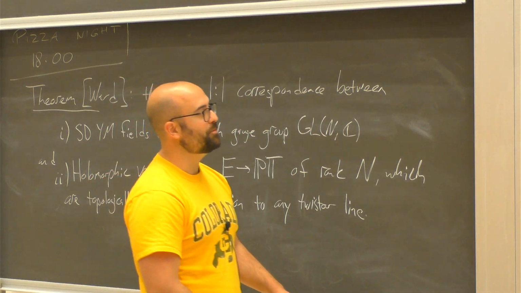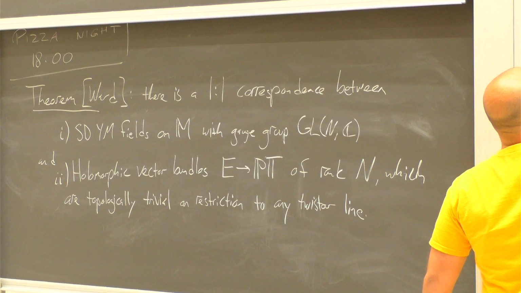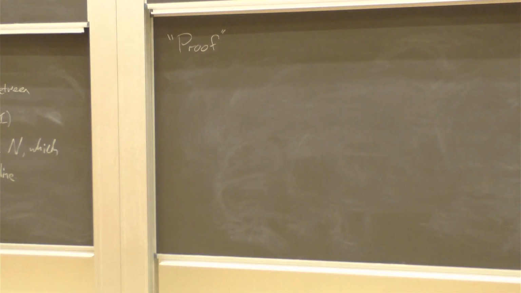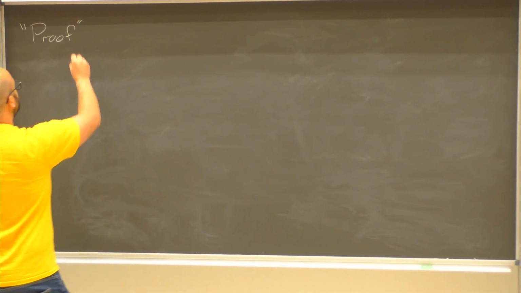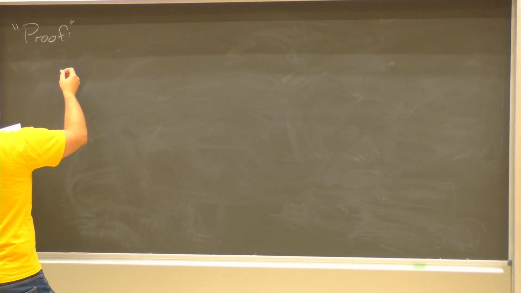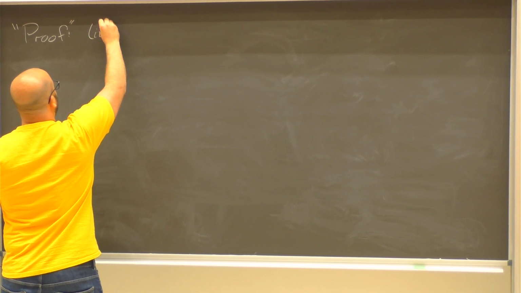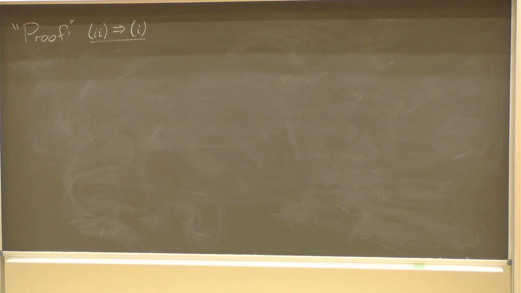Okay, so we can be a bit more precise. So I'm going to give, let's put it in quotes, a proof of this theorem. It's not really a proof of the theorem in its full generality, in ways that I hope I will make clear as we proceed. So how does this go? So first, we're going to do the 2-to-1 implication. That means we're given a holomorphic vector bundle of rank n on twistor space, which is topologically trivial in restriction to any twistor line.